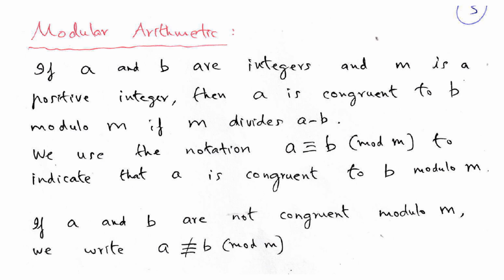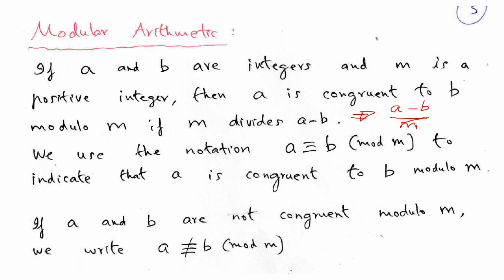Now let's see about the modular arithmetic. So here also very easy. Let's say if a and b are integers and m is a positive integer, then a is congruent to b modulo m if m divides a minus b. What do you mean by m divides a minus b? So this implies a minus b divided by m.